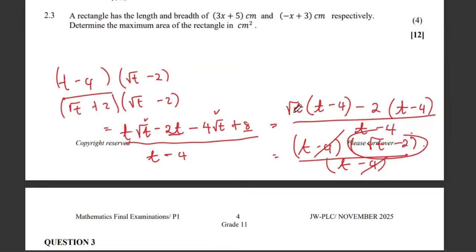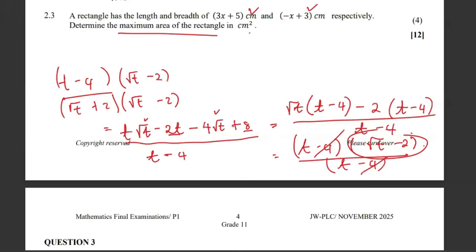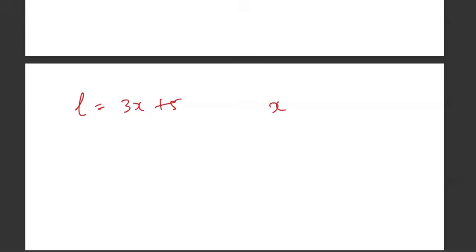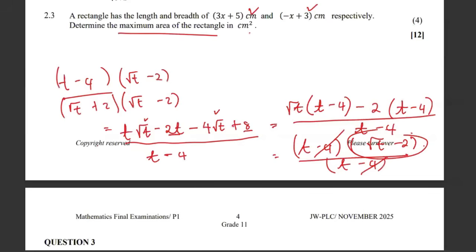And then 2.3. A rectangle has the length and the breadth to be this much. Determine the maximum area. So 3x plus 5, and then x with minus x plus 3. So 3x plus 5 and minus x plus 3.